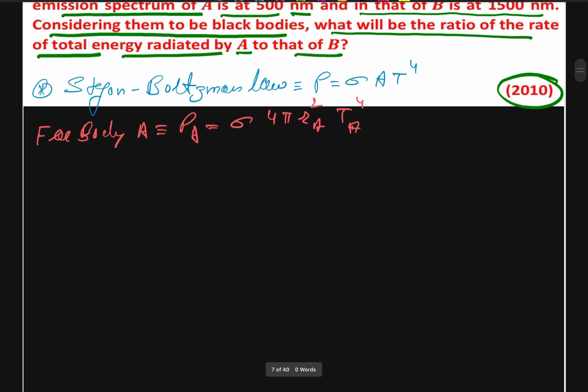And similarly for body B, P_B is equal to sigma 4 pi R_B square, and we have T_B whole raised to power 4.